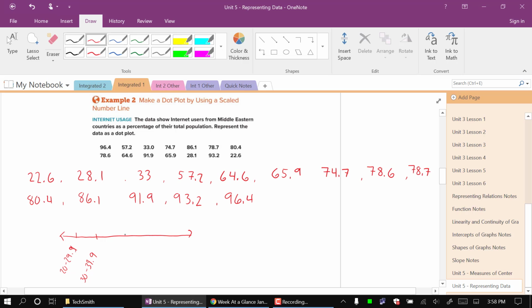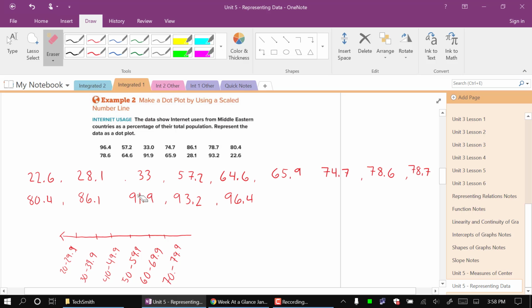Then we're going to have 40 to 49.9, 50 to 59.9, 60 to 69.9, 70 to 79.9, then we have 80.